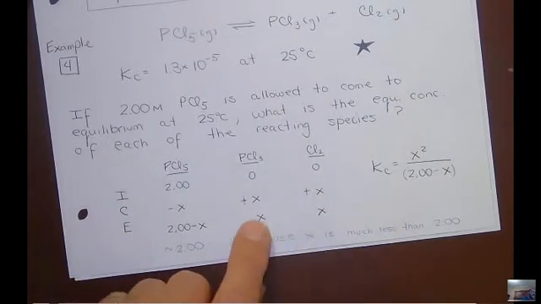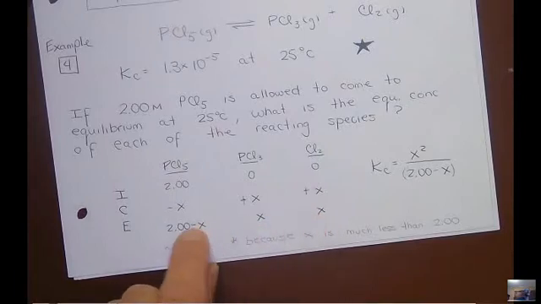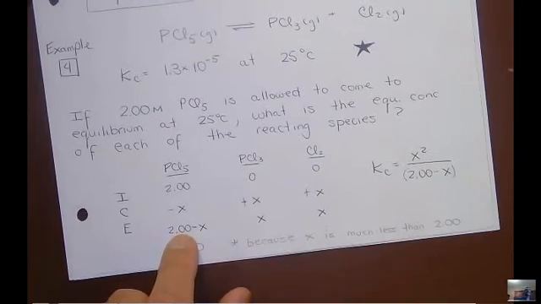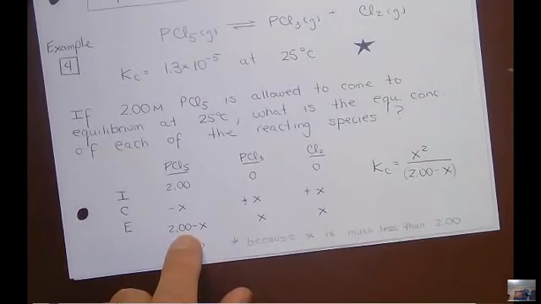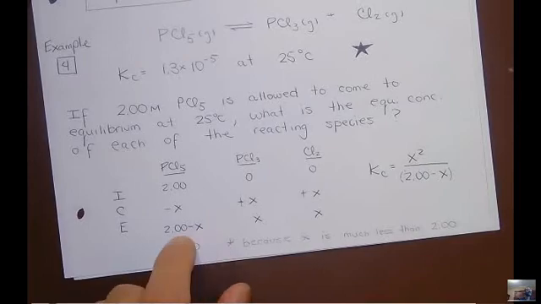I can't drop the x here and here because that's the only thing I have, and they're going to be multiplied by something. But when I have an x that's subtracted or added to a number that's much bigger than it, this is like saying I've got $2 million and x is 50 cents. If somebody had $2 million, they don't even bother counting the 50 cents to subtract it off or add it.